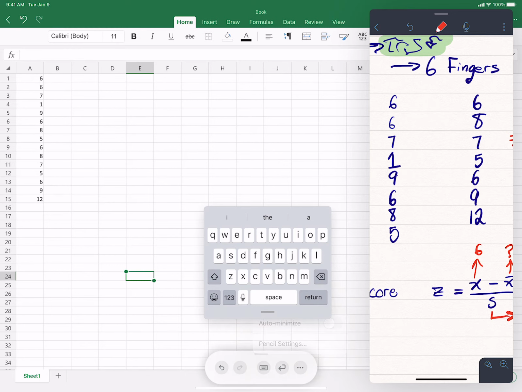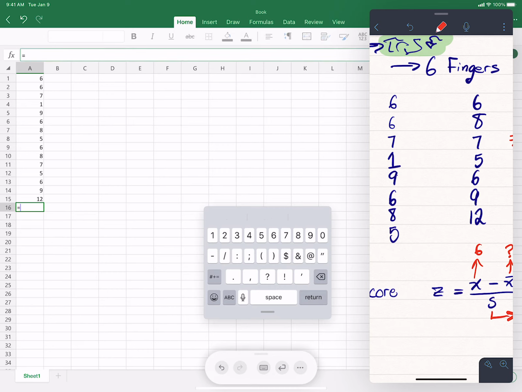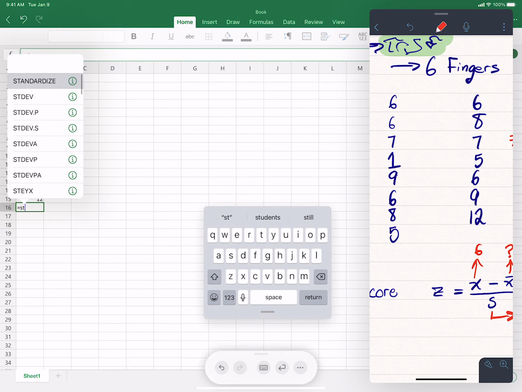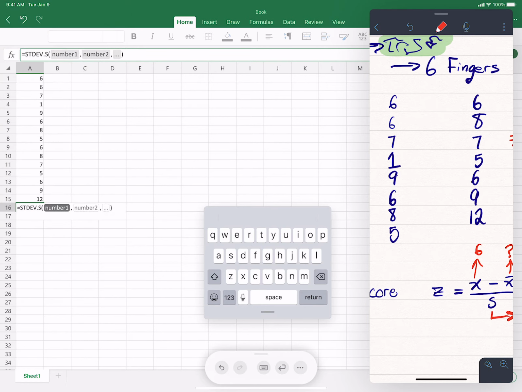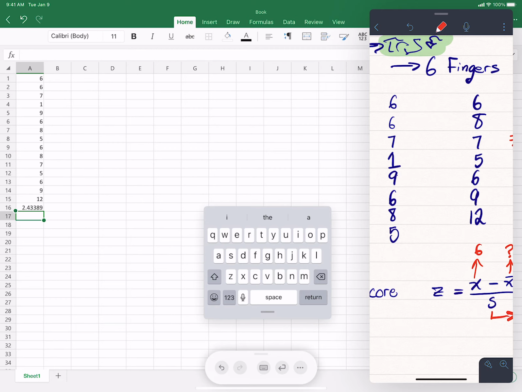Right, that's perfect. Now we can find the standard deviation by just going equals standard deviation, and it's the standard deviation of a sample, which is fine. Let me select it. There we go. And that's our standard deviation.